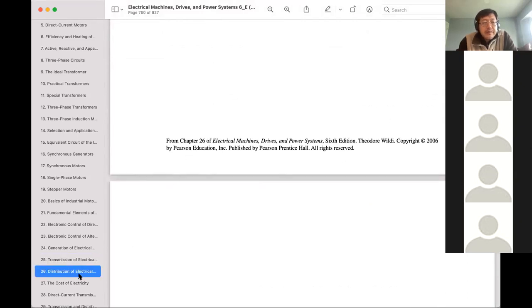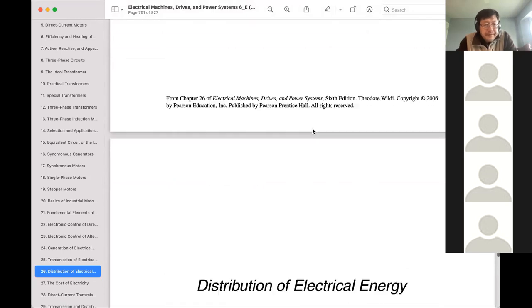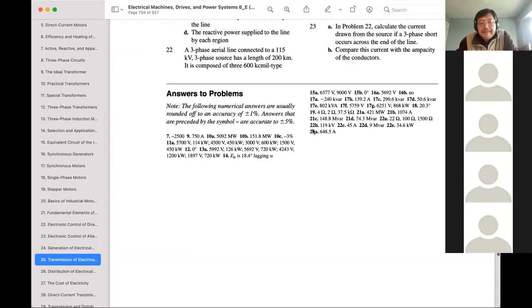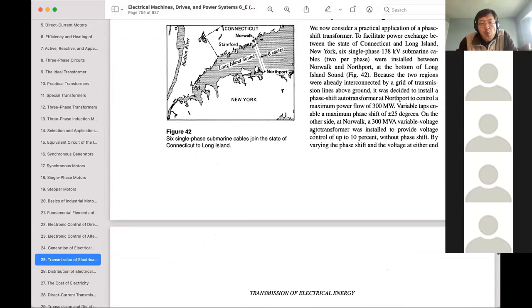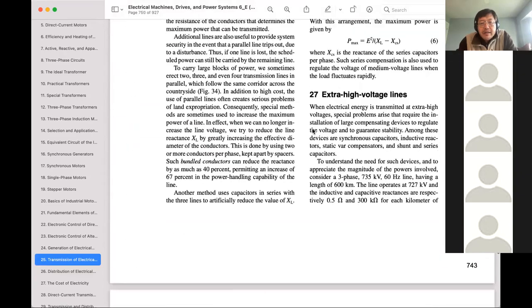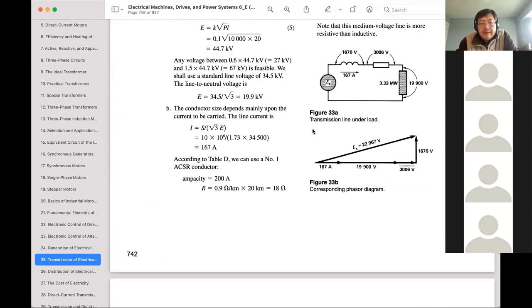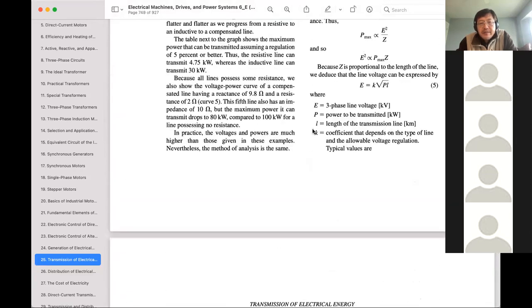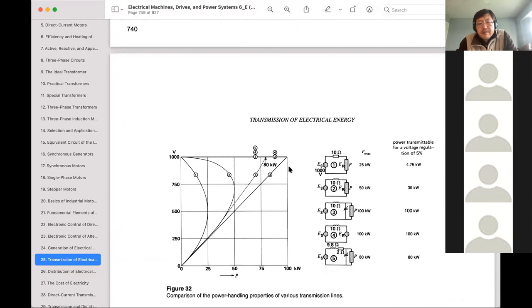So today we'll keep talking about the high voltage. The high voltage delivery is very well studied, obviously, because billions of dollars are at stake.